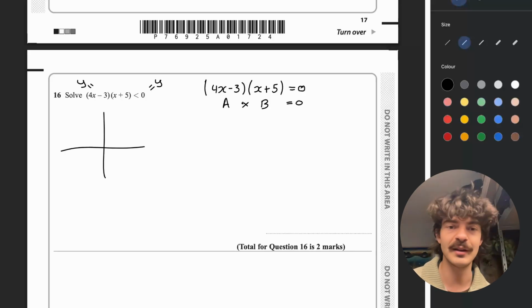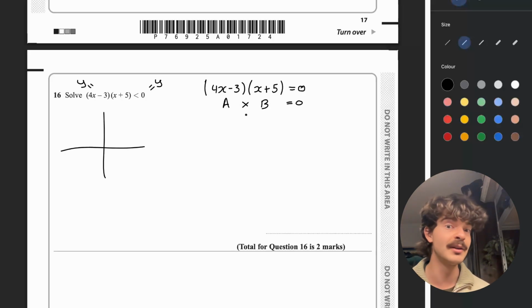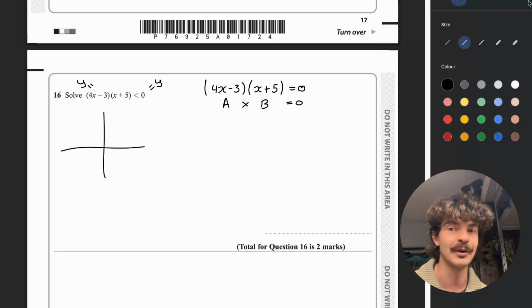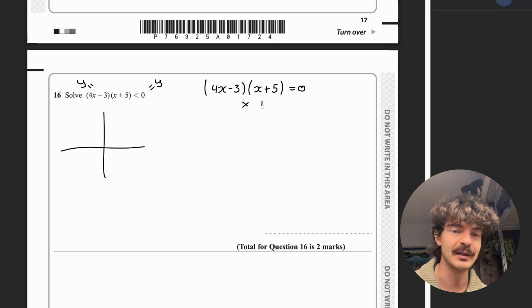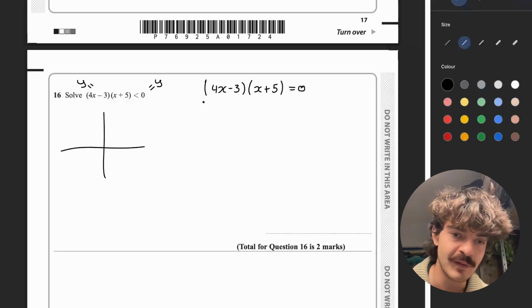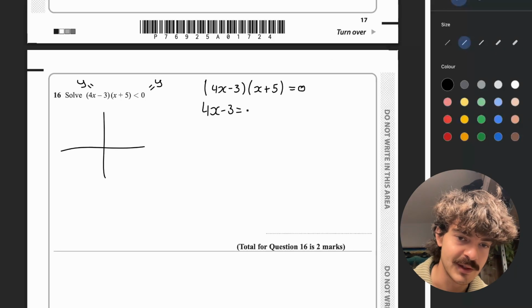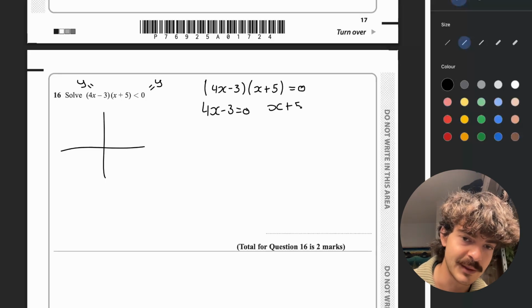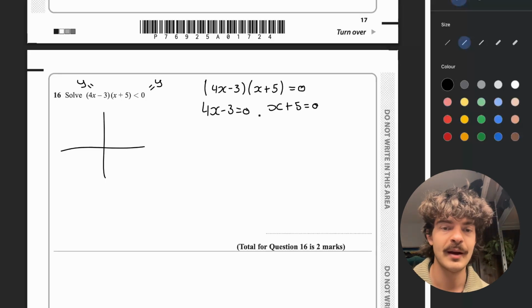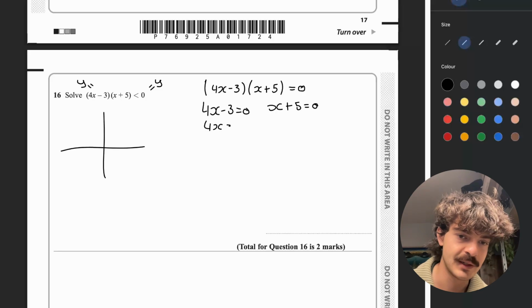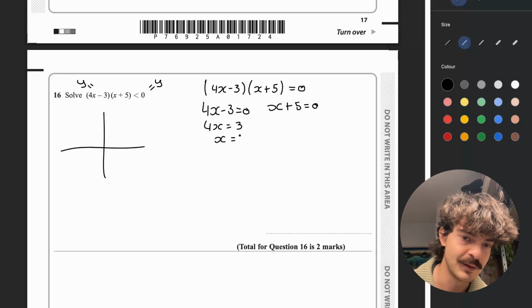The only way that 2 numbers or 2 values multiplied by each other could equal 0 is if one of them themselves is 0. Hence, we can break this into 2 equations. 4x minus 3 equals 0. And x plus 5 equals 0. As such, 4x equals 3 and x is equal to 3 over 4.